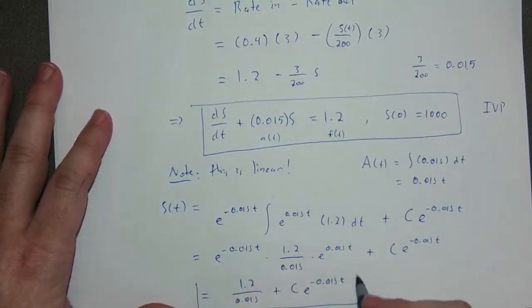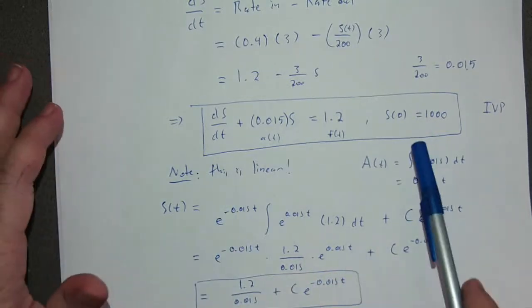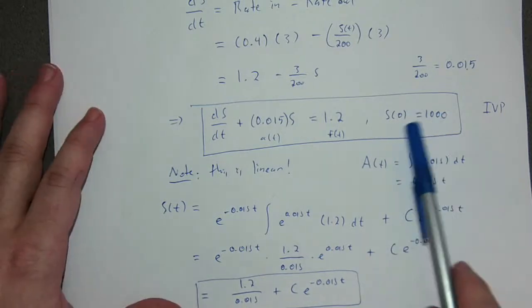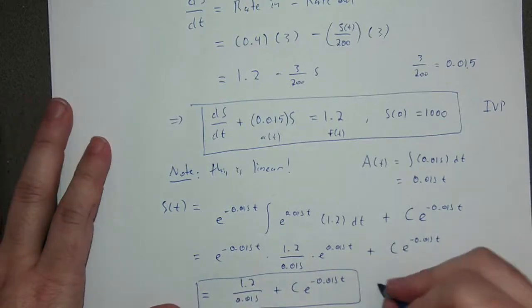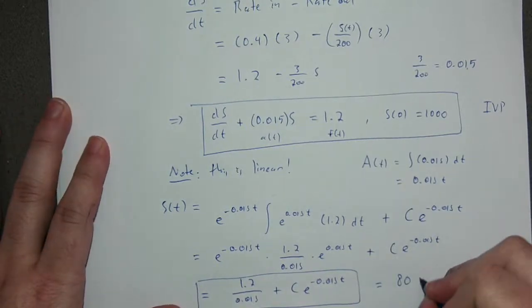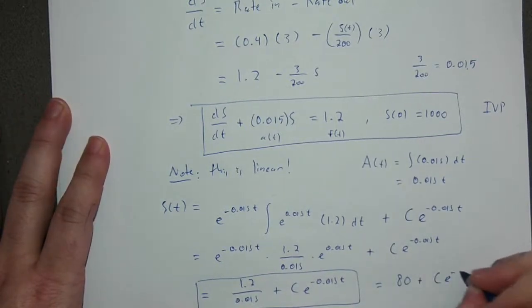This is what my general solution is. So 1.2 divided by 0.015, what is that? Let's see here. So that's 80. So this is 80 plus c e to the minus 0.015 t.